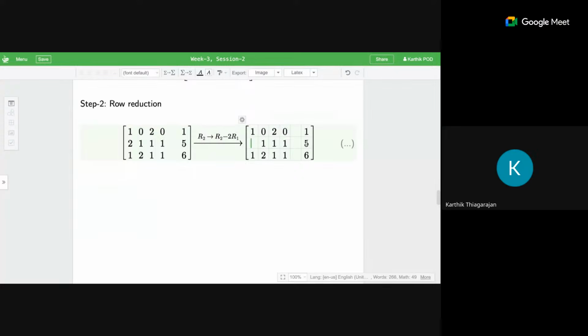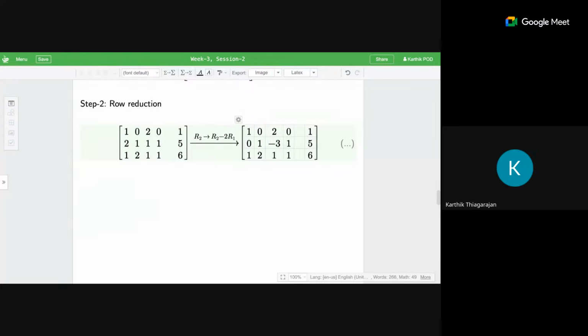So this gives me 0. What happens to this? Same. What happens to this? -3. Correct. What about 5? It becomes 3. Okay. All right.